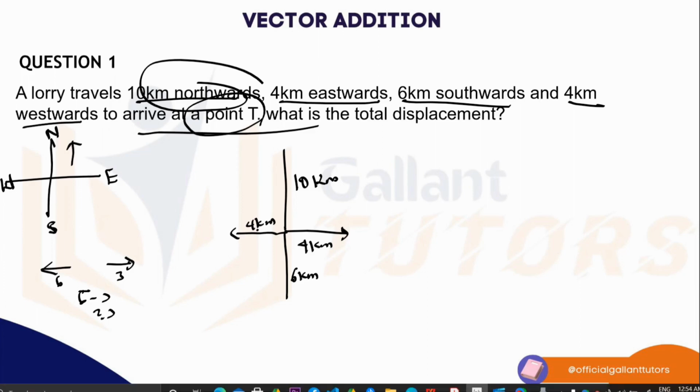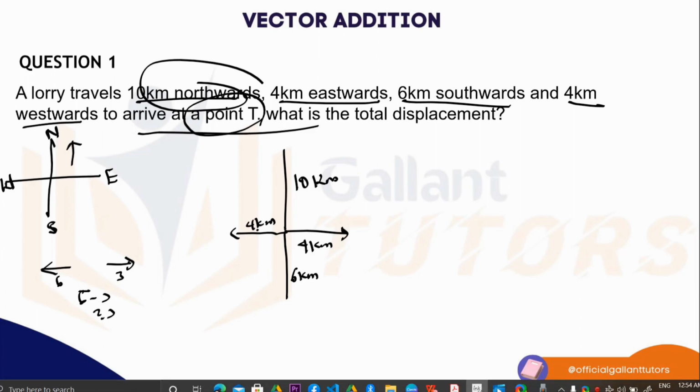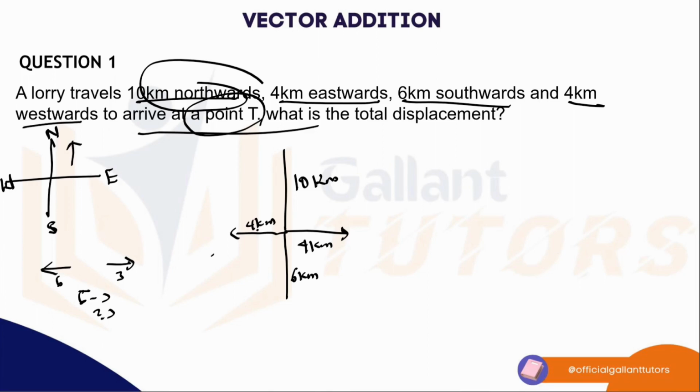So for this we have 4 kilometers minus 4 kilometers, which is 0. So for the horizontal, the resultant is 0.